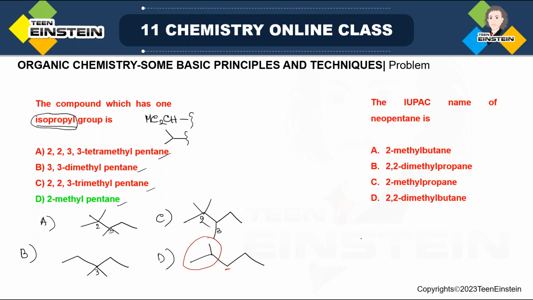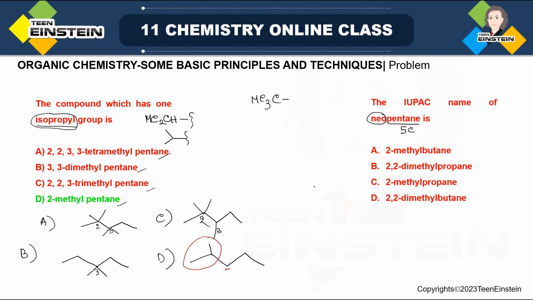IUPAC name of neopentane. Now what is neopentane? This is something new we are discussing. So pentane, obviously it is 5 carbon. But what about neo? The neo term is basically when you have this type of tertiary butyl group, that is 3 methyl groups attached to 1 carbon. When you have this type of moiety present, but obviously the total number of carbon has to be 5.